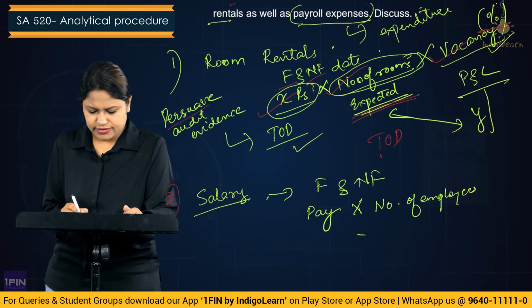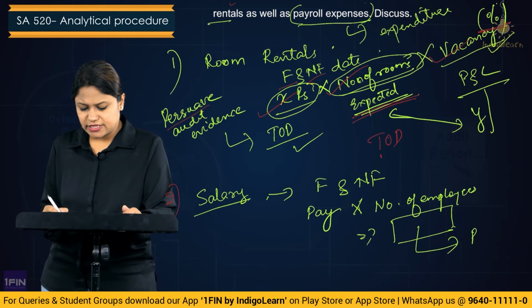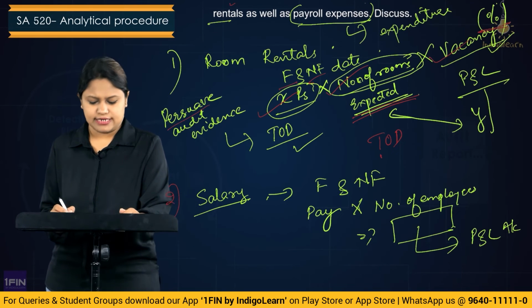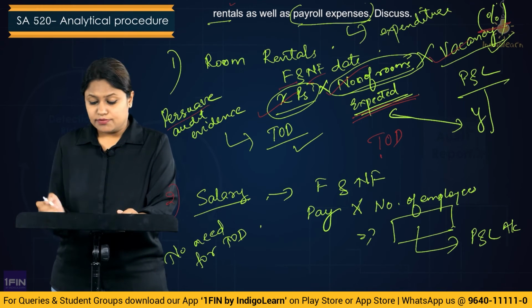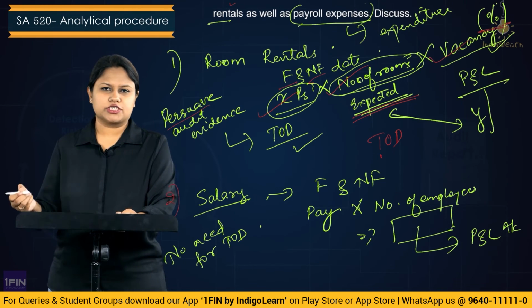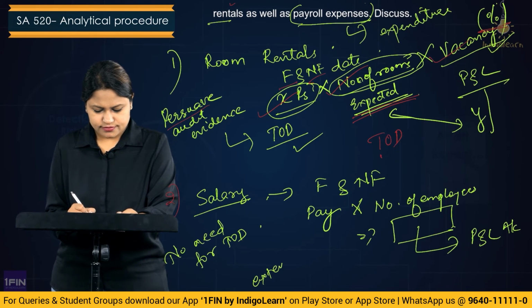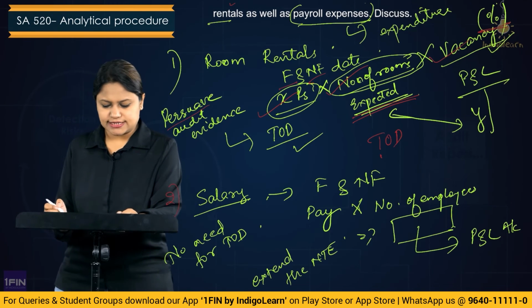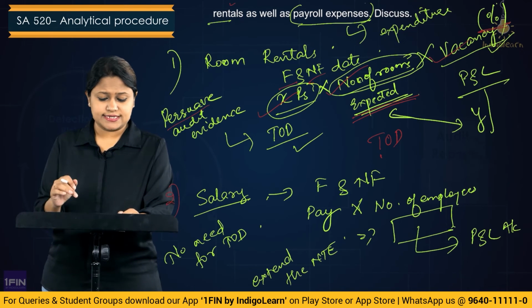We do the calculation and we come to an approximate figure. This we again compare with the P&L account items. If it is matching, we are okay with it, and we will say no need for test of details. But if you find it to be unreasonable, an unusual fluctuation, then yes, we will extend the NTE. Correct?